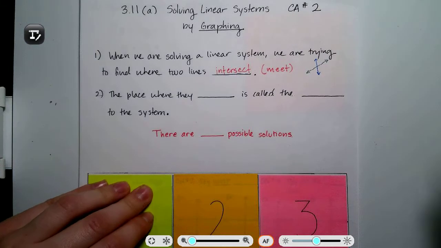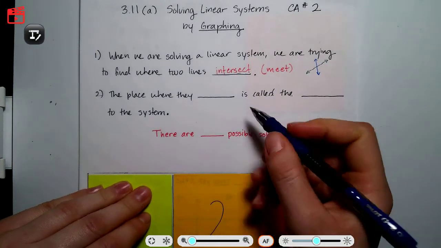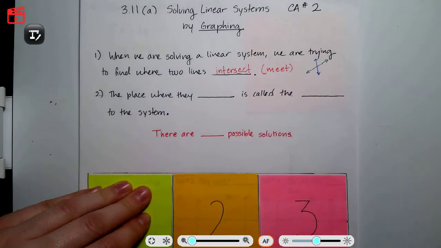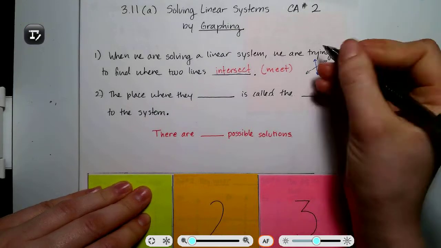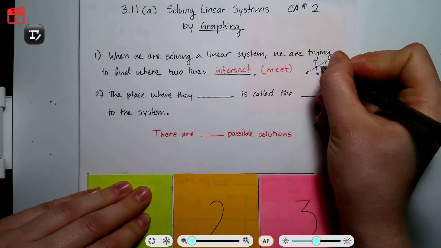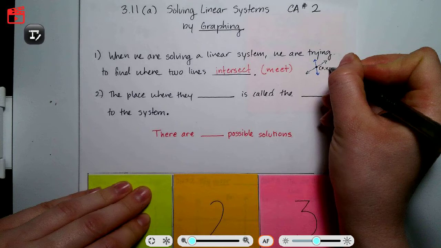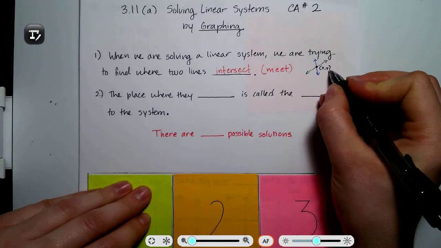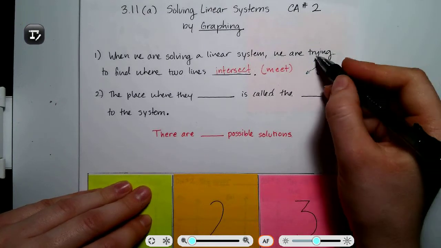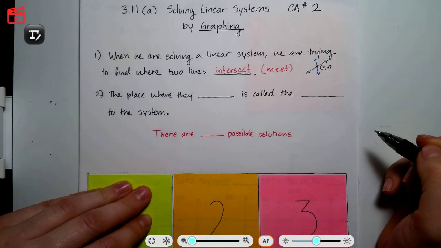The solution, or what we are trying to find, is this little point right there, and it's going to have a coordinate value. So an x and a y value. So that's what we're looking for. We're looking for where the two lines intersect.